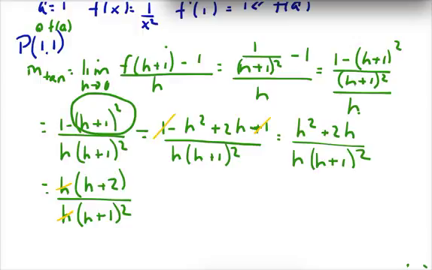Oh, I forgot something, I lost a sign here. I'm so sorry. I'm looking back at what I did, and we lost a sign. Let me erase that. There we go.